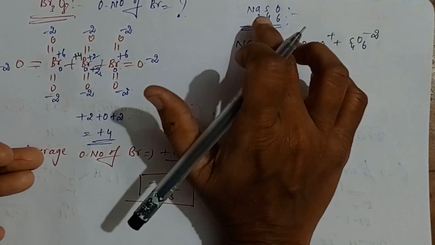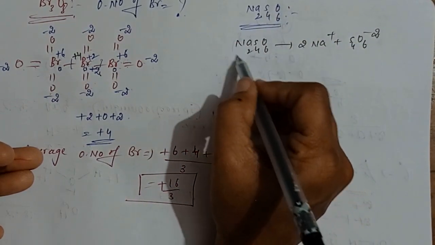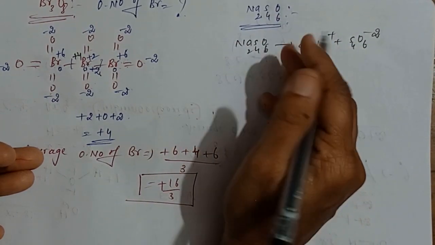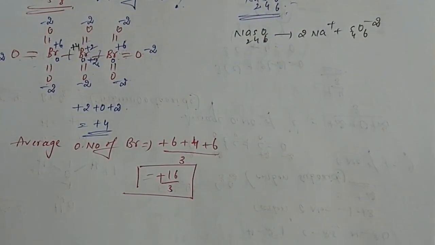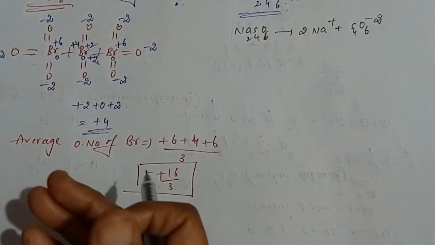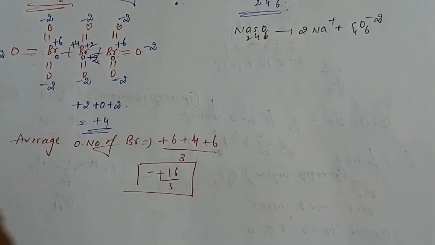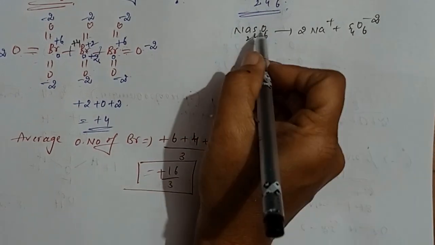Now coming to the structure of Na2S4O6. Which type of bonding is present, covalent bond or ionic bond? How many types of bonds are present in this compound?